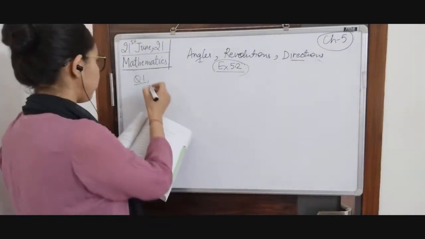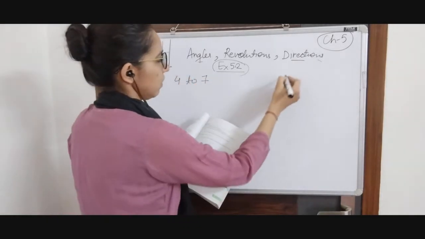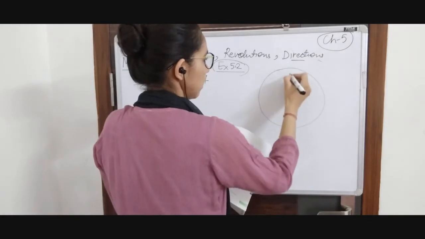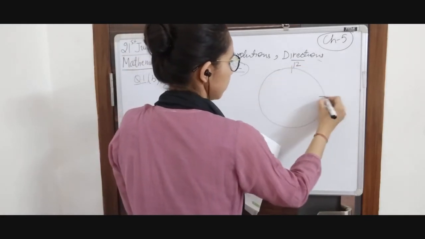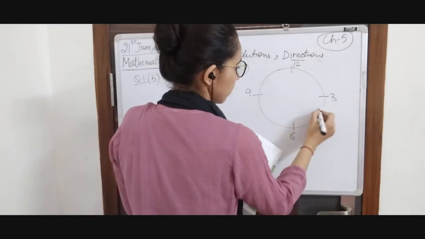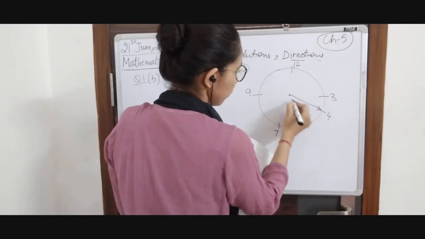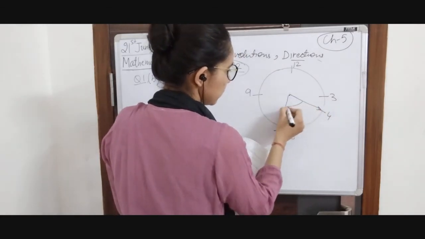Question number 1, part B, we have 4 to 7. So, we will draw the clock and 12, 3, 6 and 9. 4 to 7. This much angle.